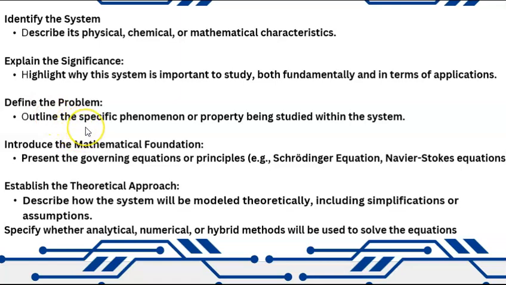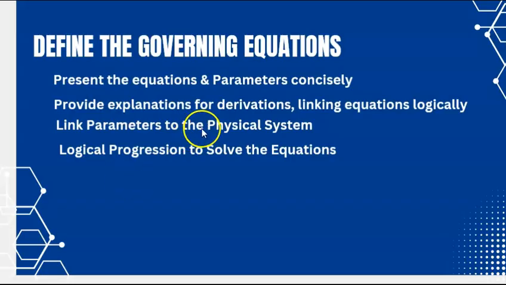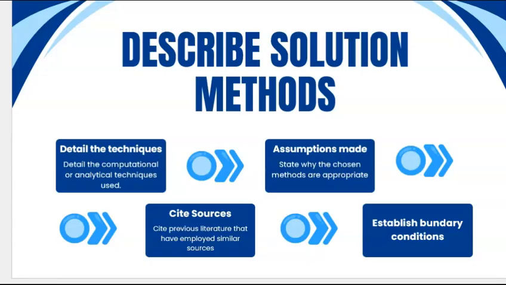And when you're done with that, these are of course the 5 things you need to do in putting out this section. Now, just to explain further, you present the equation and parameters concisely. You provide explanation for derivations, linking equations logically. You link parameters to the physical system. You make a logical progression to solve the equations that are developed.